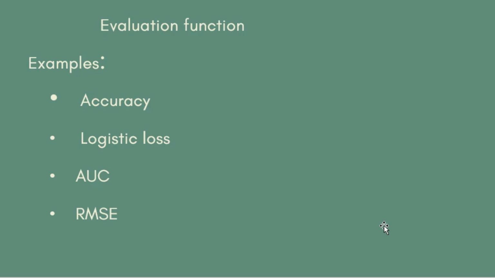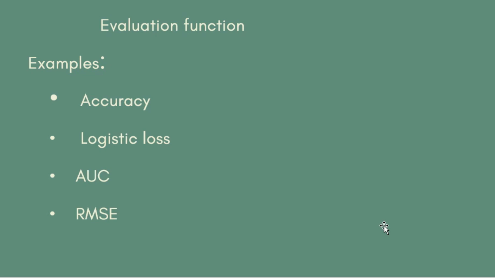In general, there are a lot of such functions, and we will carefully consider some of them. The description of the competition always indicates which evaluation function is used. It might be accuracy, logistic loss, AUC or RMSE. I strongly suggest you pay attention to this function because it is what we will try to optimize.